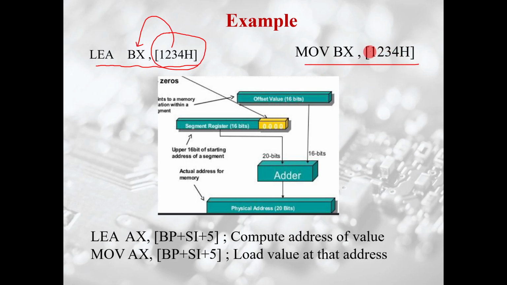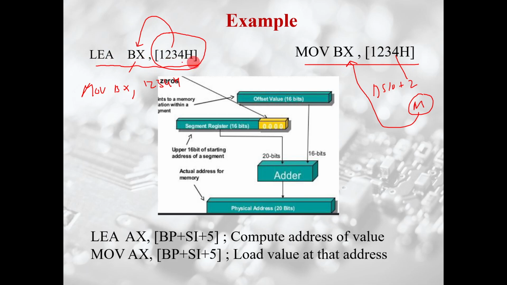When I write MOV BX, 1234, the offset address plus DS times 10 is used to compute a memory location address, and the contents of that memory location would be brought into BX. Whereas here it is not going to fetch any data; only the offset address comes here. So this is something like a move BX, 1234. If I just write this, it does the same thing.